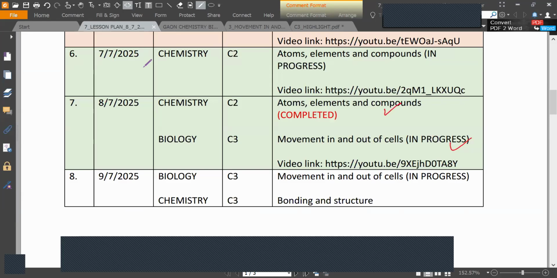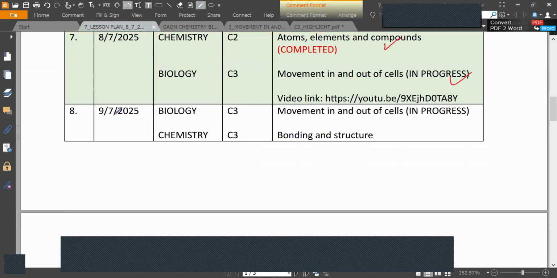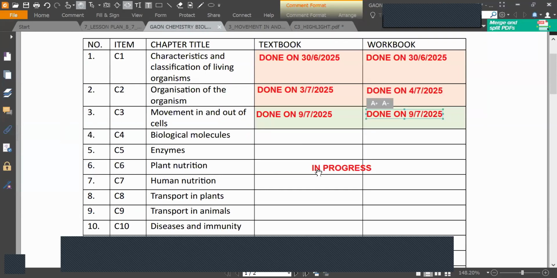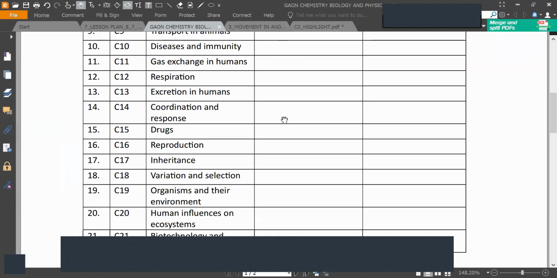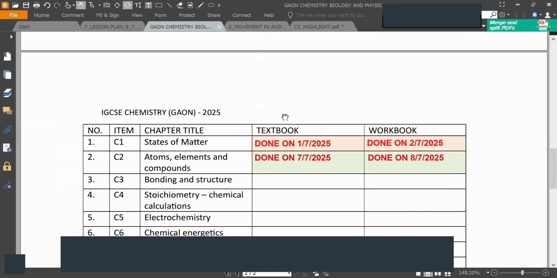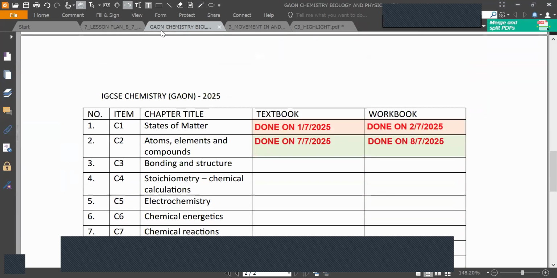So today, biology, we already finished all for this unit 3. So now we will move on to chemistry unit 3. Okay, so this is our plan here.